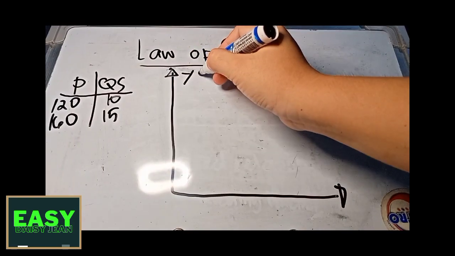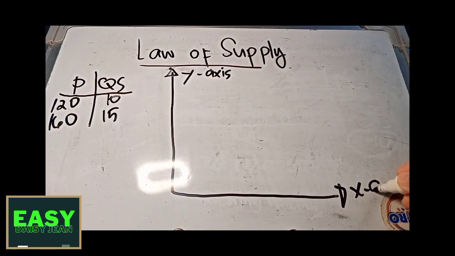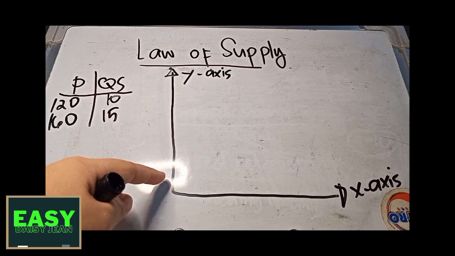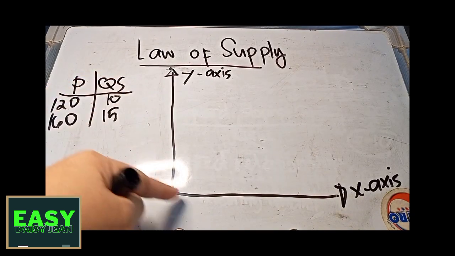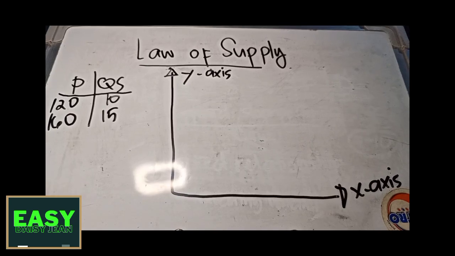You are to write the y-axis and the x-axis. Do not forget to write the y-axis and the x-axis so that you will be able to understand what numbers you are to put on the y-axis and on the x-axis, right?